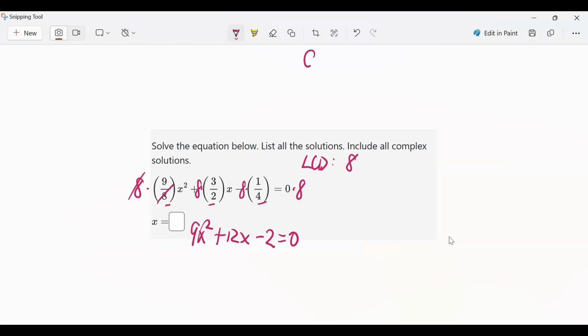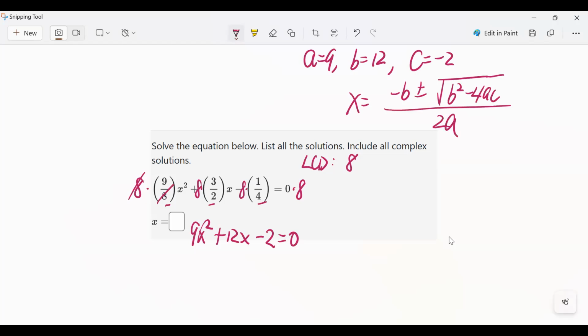So now a is 9, b is 12, and c is -2. So use the quadratic formula: minus b plus or minus radical b squared minus 4ac, over 2a. Now we plug in all the numbers.